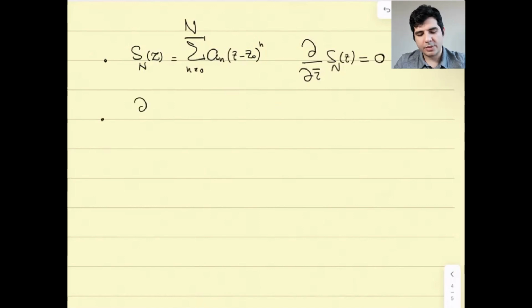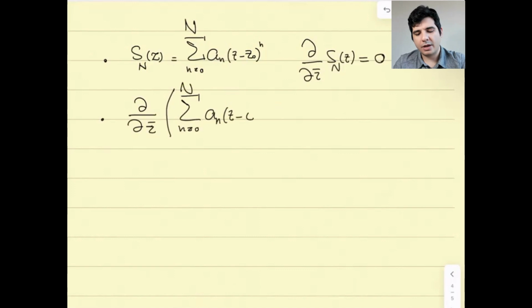And if I expand that, it means partial z bar of the sum from n equals 0 up to n of a n times z minus z naught to the n is equal to 0. This is what we know. So we have this. What we would like to show is the following.